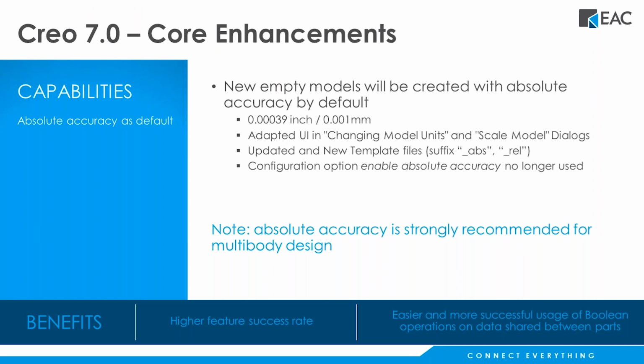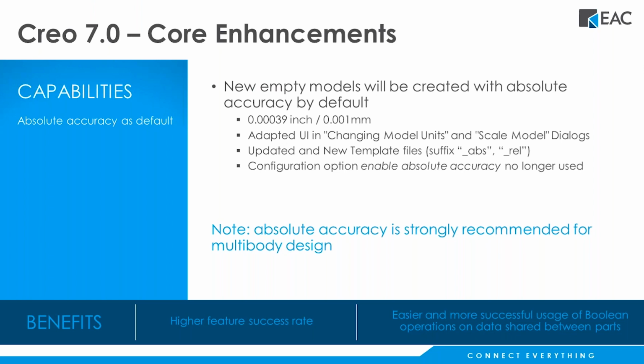And now there are some new templates that have underscore ABS or underscore REL for relative after them, if you want to create a part with absolute or relative accuracy. There was also a config option that you could use that would allow you to switch from relative accuracy to absolute accuracy, but now that is no longer needed since Creo defaults to absolute accuracy.